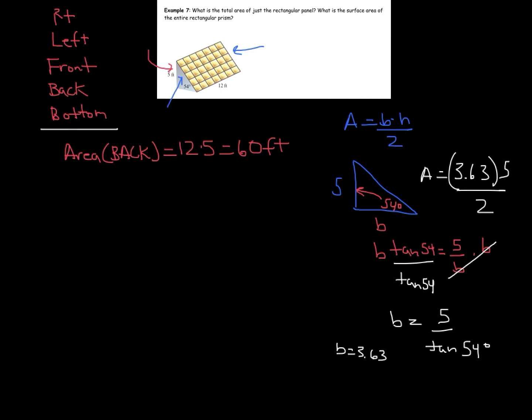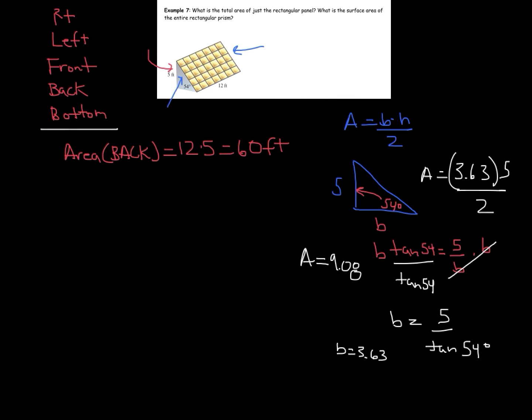So once again, we're going to use our calculator. If we type in 3.63 times 5 divided by 2, we end up getting 9.08. And that is the area of that particular triangle. So the area is 9.08.